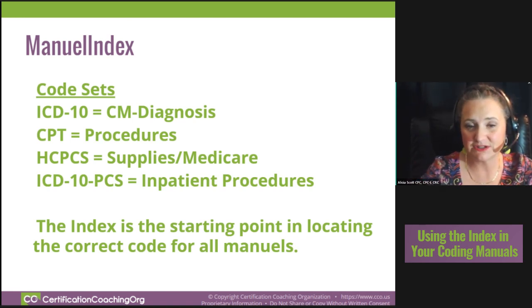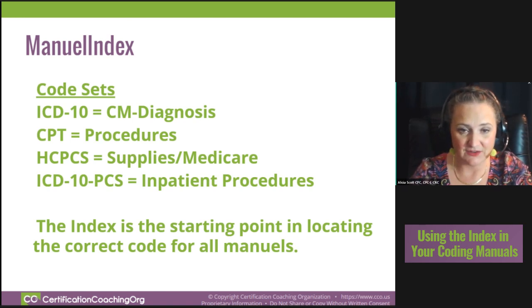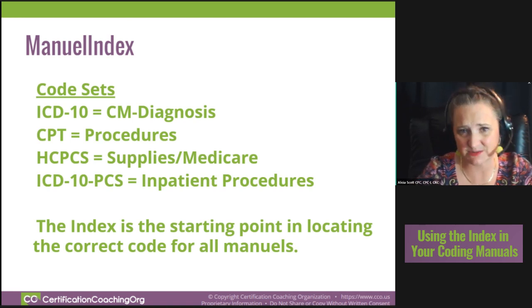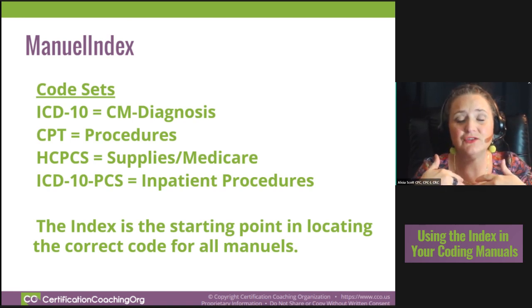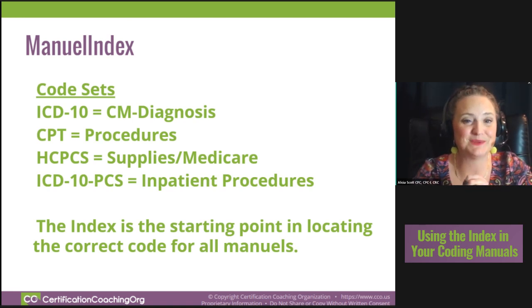Because you've looked up a word in the dictionary, or in a telephone book, a name or anything like that, or just used an index for a textbook, then you know how to use the index. The hard part is knowing the word to look up in the index to get you to the proper page. And so we're going to talk a little bit about that.